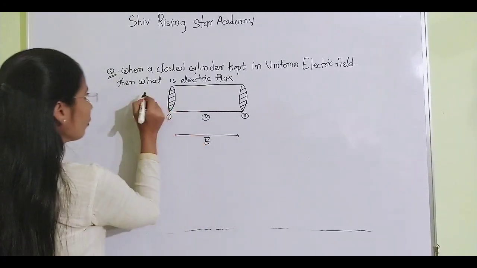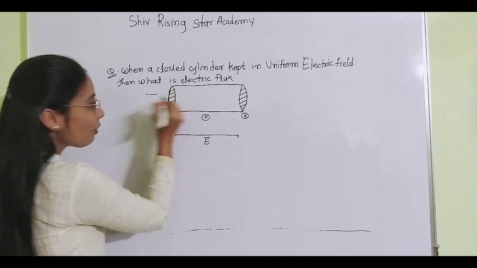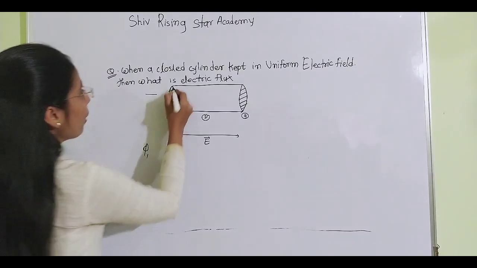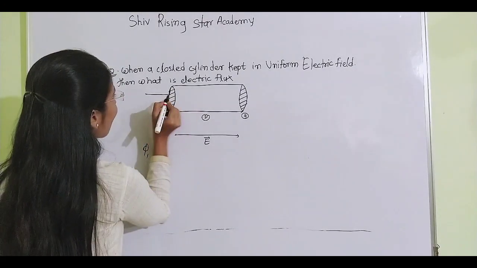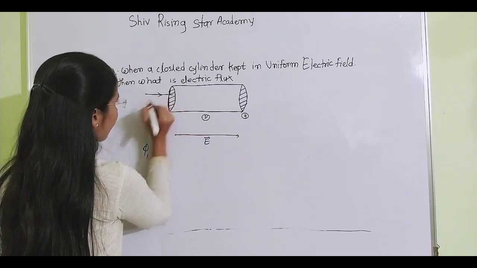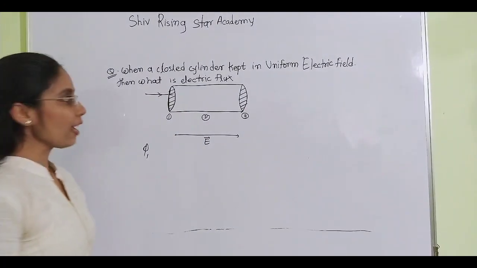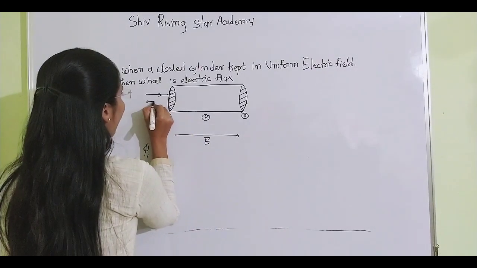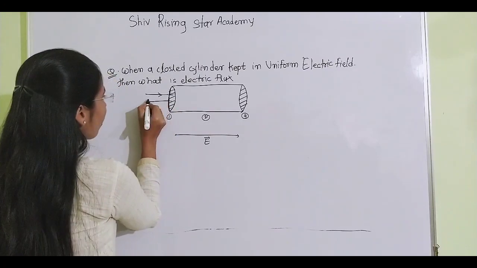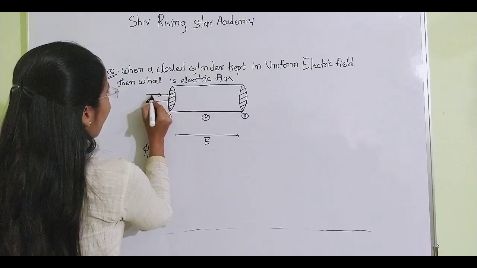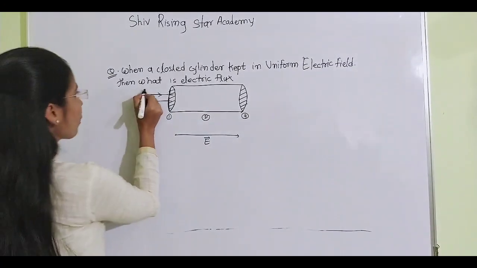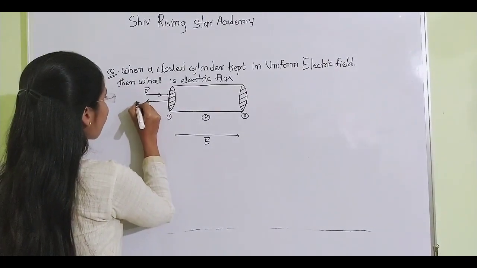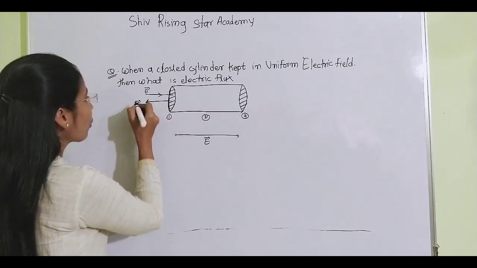Consider the first surface, for this we find phi for the first surface. This is the first surface and this is the direction of the electric field on it, and the area vector is always outward to the surface. So here this is E bar, and the direction of the area vector is S, suppose S bar or A bar, whatever we consider.